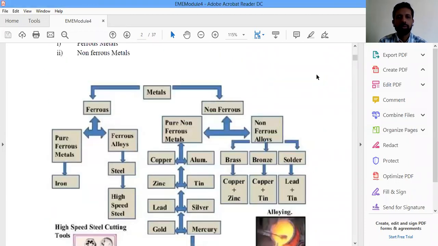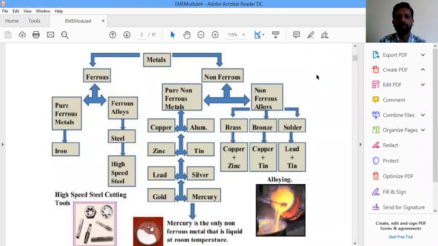Okay, so if we take a look at this, the metals can be classified as ferrous and non-ferrous, where ferrous can be classified as pure iron. The other one is ferrous alloys, because in the majority of cases it consists of carbon content, right?